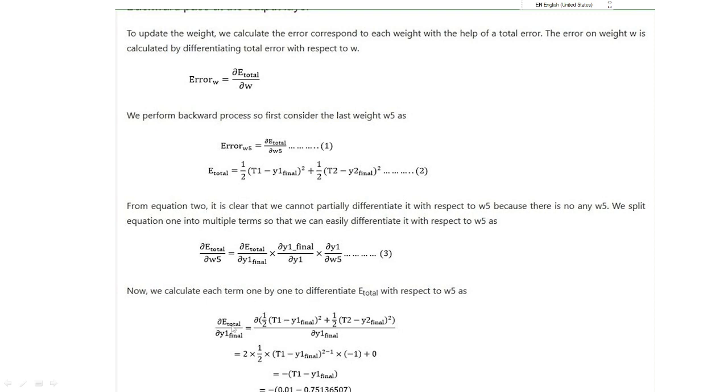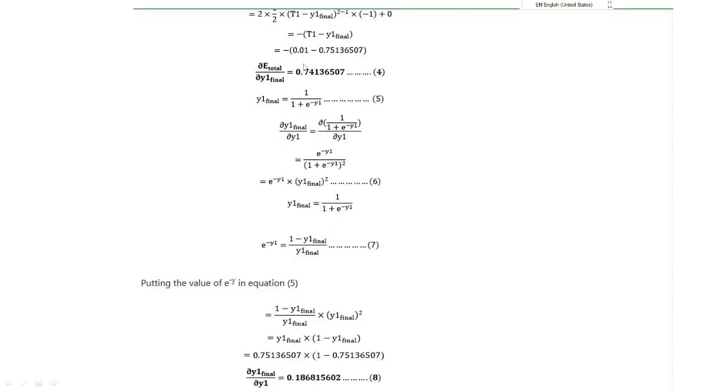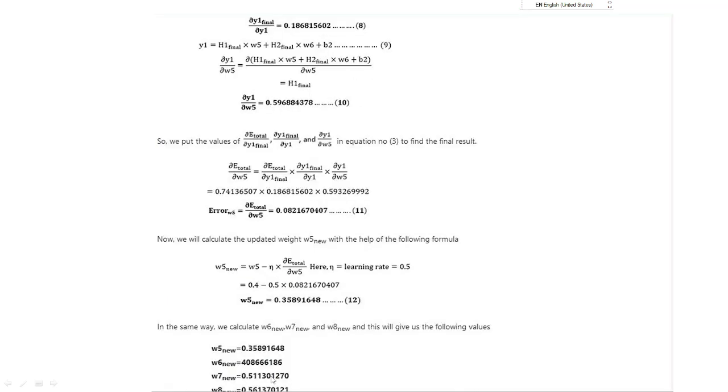We differentiate. First, ∂E_total/∂y1_final. E_total is expressed in terms of y1_final, so you simply find the derivative and substitute. Then y1_final is 1/(1+e^(-y1)), so you can compute ∂y1_final/∂y1 by rearranging.